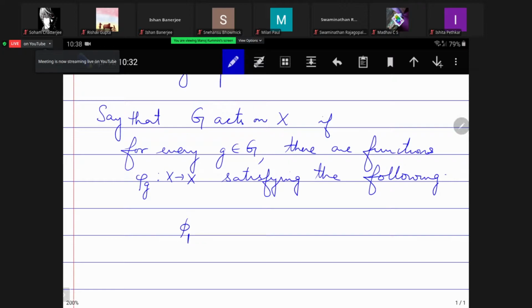But once we understand it, we just call it 1 if it's multiplication, we call it 0 if the group operation is thought of as addition. So the function corresponding to 1 is the identity map from X to X. In other words, every little x goes to itself.